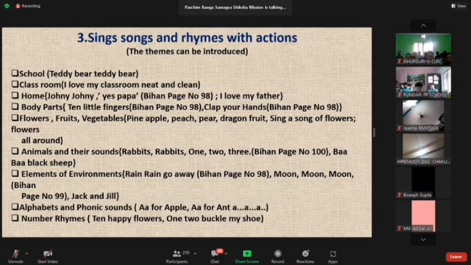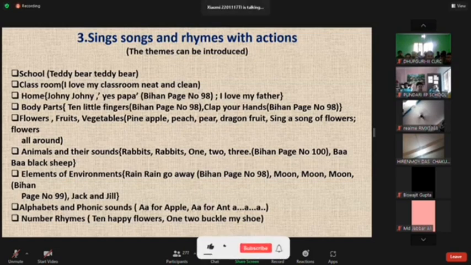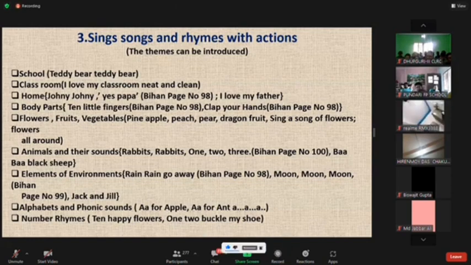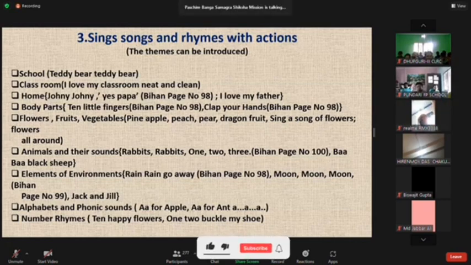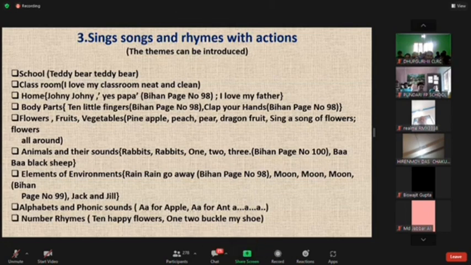Whenever we say that the teddy bear goes to school, from this sentence we can pick up the school and enrich our children about schools, their equipment, and the environment he or she can get there. Likewise, the classroom, home, body parts, flowers, fruits, vegetables, animals and their sounds, elements of the environment, alphabet and phonic sounds, and number rhymes.